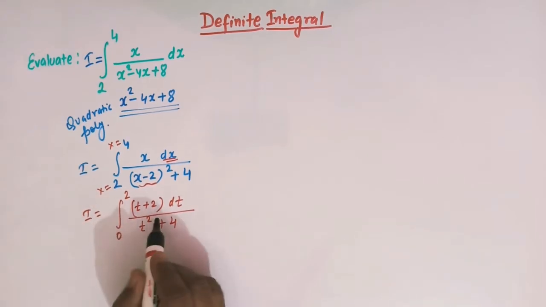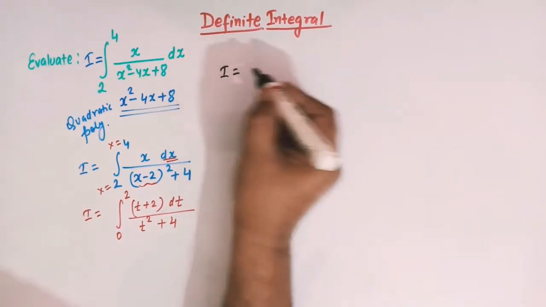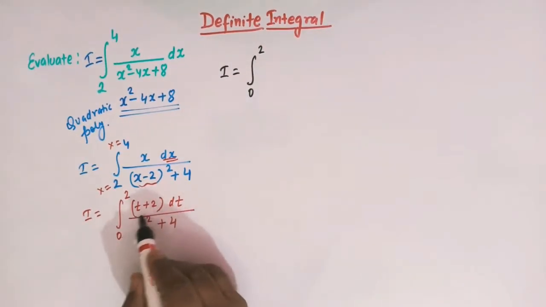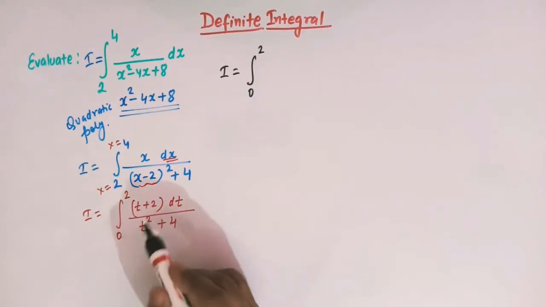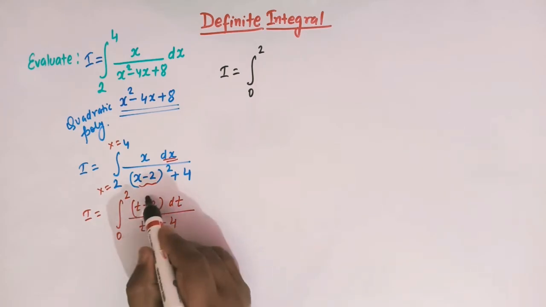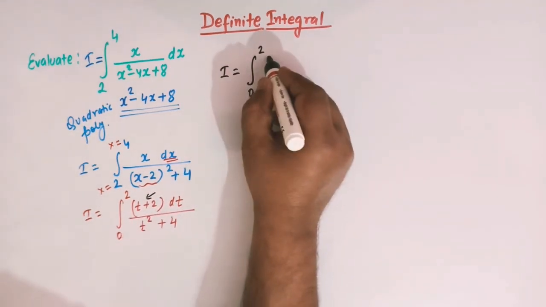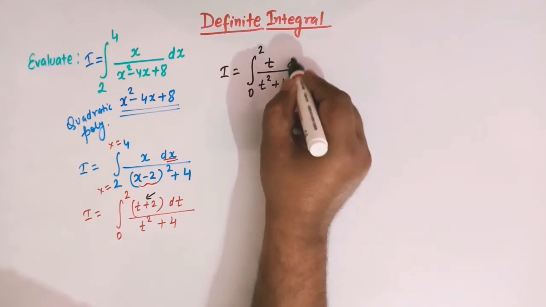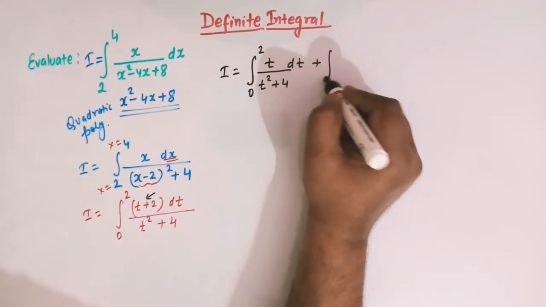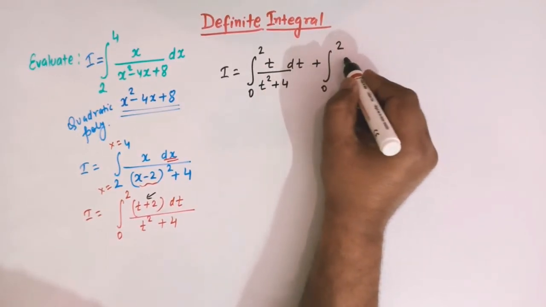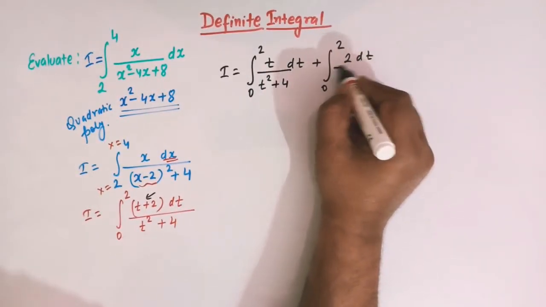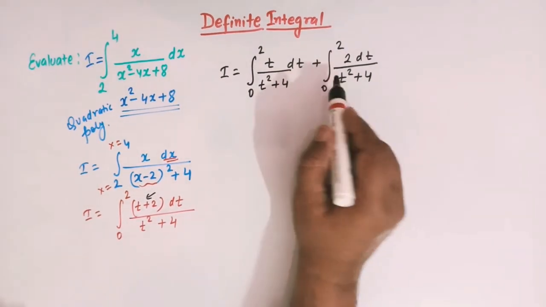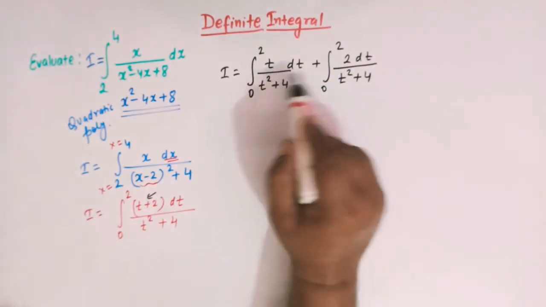Now we'll write I as integral from 0 to 2, and we'll break this integral as a sum of two integrals. We have t over t square plus 4 dt, and the second integral is from 0 to 2 of 2 dt over t square plus 4. So now we have these two integrals.